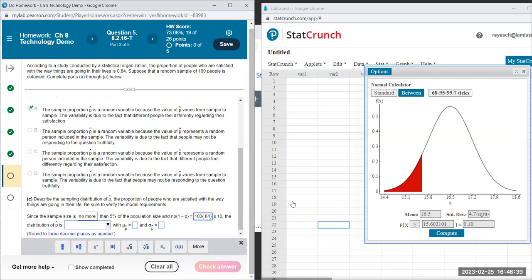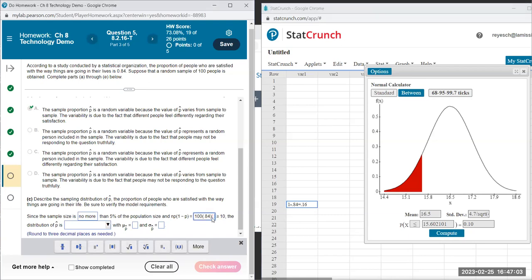If the success is considered 0.84, then the failure is the rest of them, which would be 0.16. So 84% of the population is answering yes, and 16% is answering no. So I'm going to put that here. It's 1 minus the population proportion.